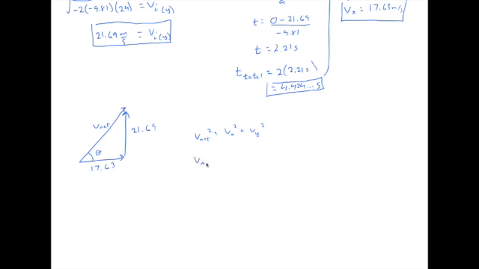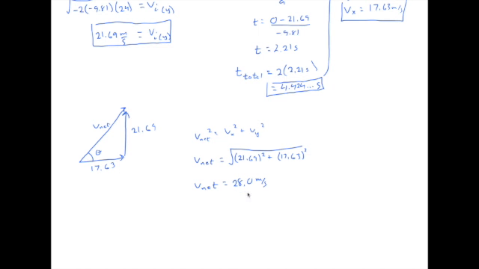And so for my V net, I'll just take the square root of the 21.69 squared plus then the 17.63 squared. And then if we put those values in, then we'll get a V net of 28.0 meters per second, and then we can round to the 3 significant digits that we have.